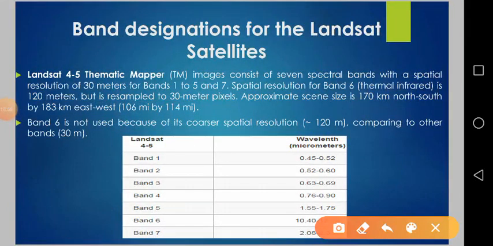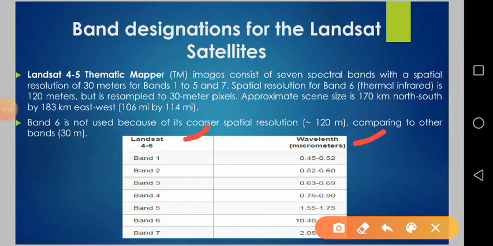The Landsat 4-5 series, which were launched by NASA, captured images called thematic mapper images, which consist of 7 spectral bands. Starting from band 1 to band 7, there are different wavelengths.